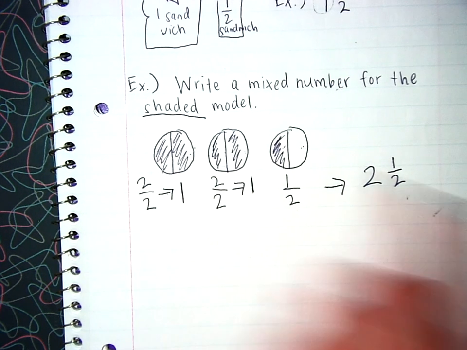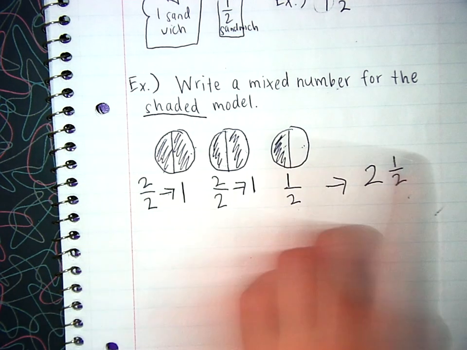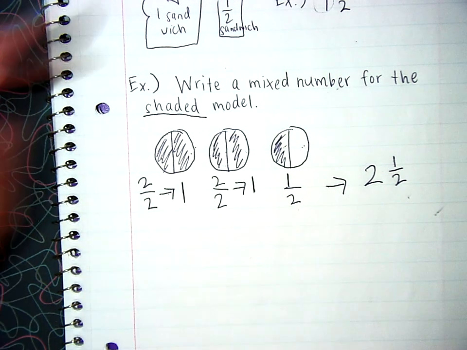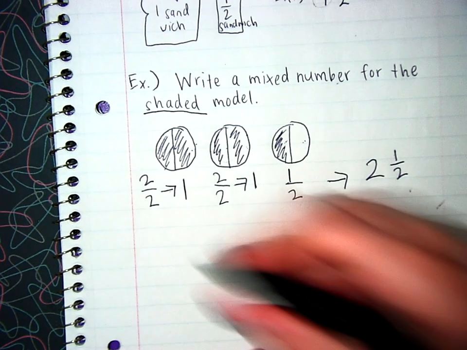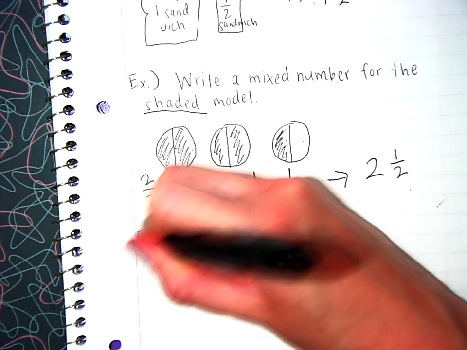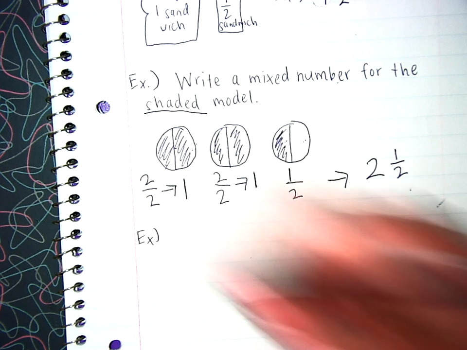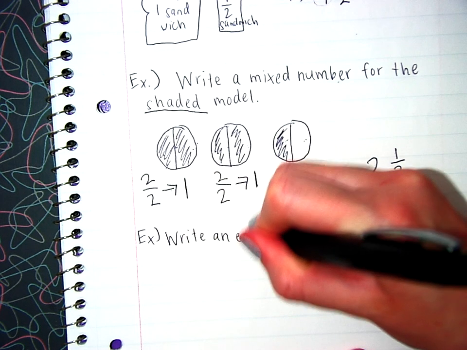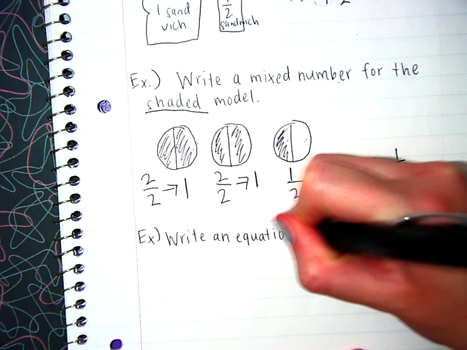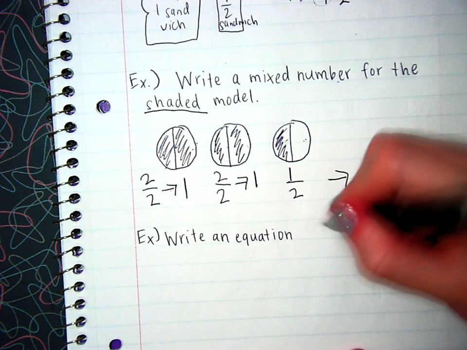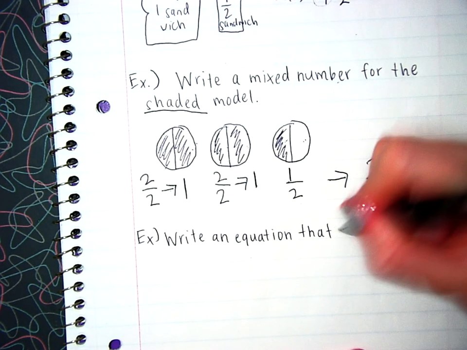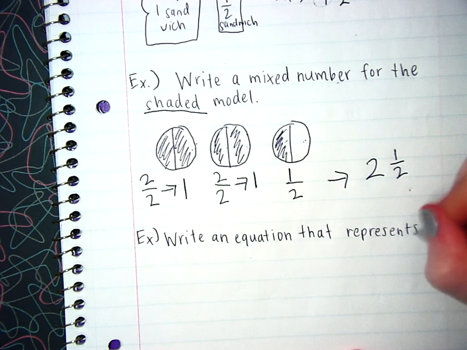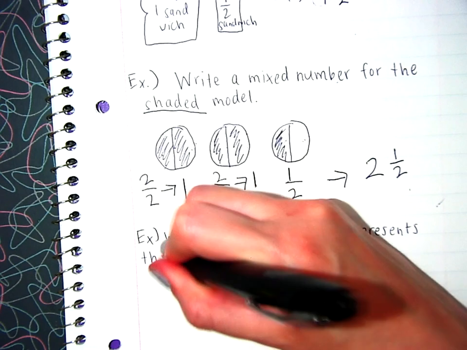So sometimes they will give you the example asking you to write the mixed number for the shaded model. Sometimes they will also tell you, another example would be, write an equation that represents the mixed number.